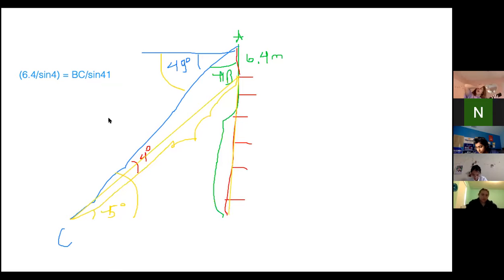It would be 41 degrees. So sine of 41 is equal to the height of the building divided by BC. Okay, got it. So once you get the height of the building, you add what you found plus the 6.4, right? You find 45? Not 45. The last angle you use is 41.